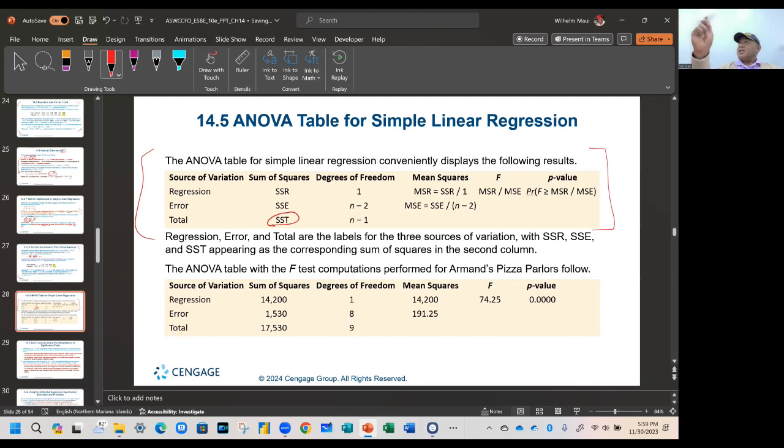And then you're going to partition it. In this case, you only have one independent variable, so you're going to partition that sum of squares into the regression and the error. So SSR is the variation due to the X, and SSE is the variation attributable to the error term.